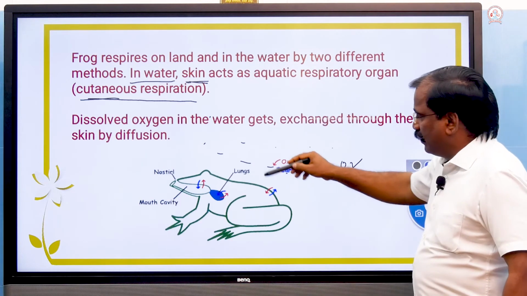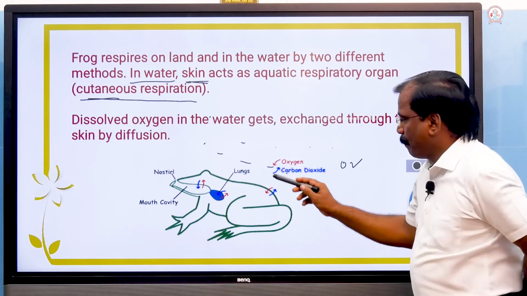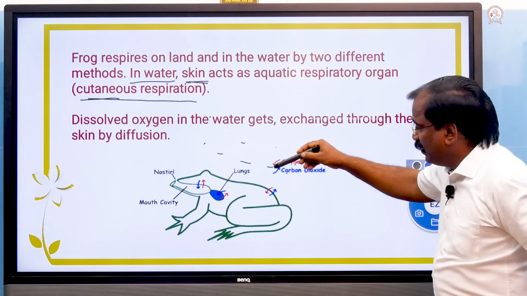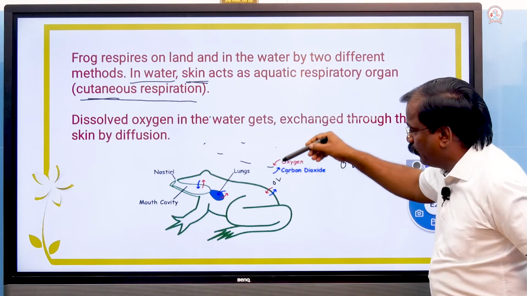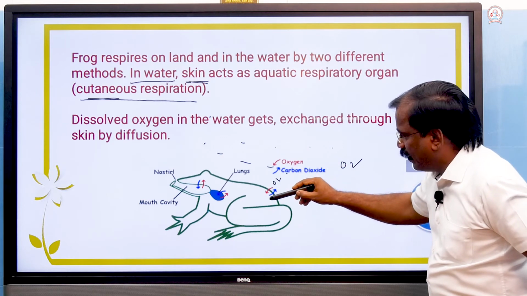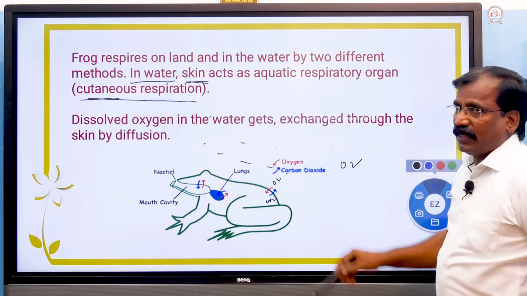See the second half of what is given here. Through the skin, this green color is the skin, the dissolved oxygen is diffused and goes inside. Similarly, carbon dioxide from the organism is sent outside.